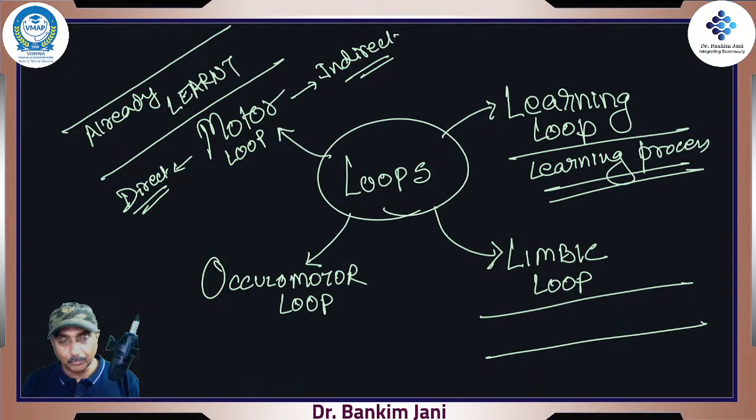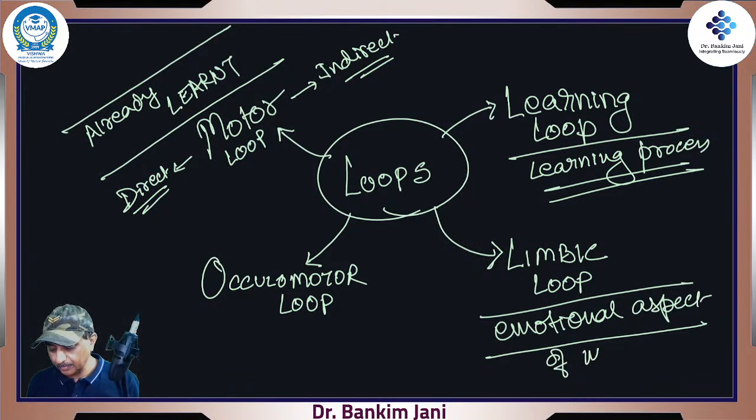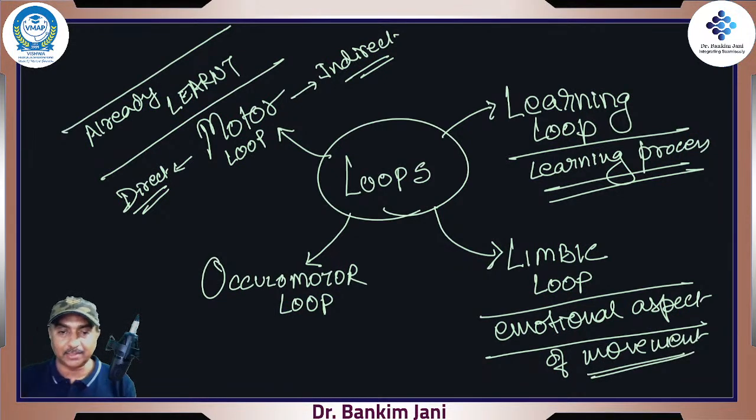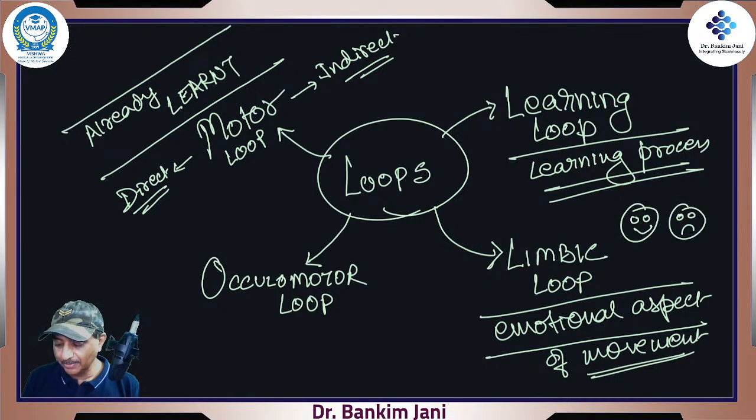The limbic loop is once again movement, but these are the emotional aspects of movements. This is where the dorsolateral part of the prefrontal cortex will come into picture, because it is happy to this, sad to this, right?